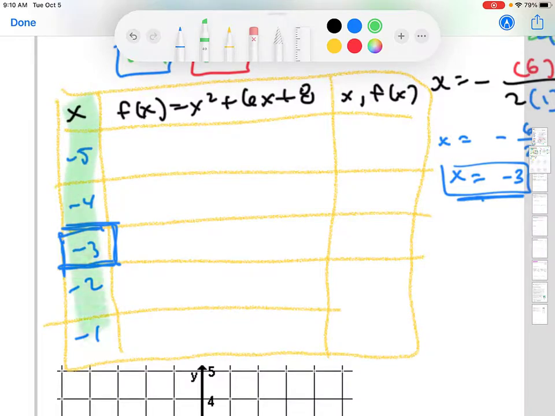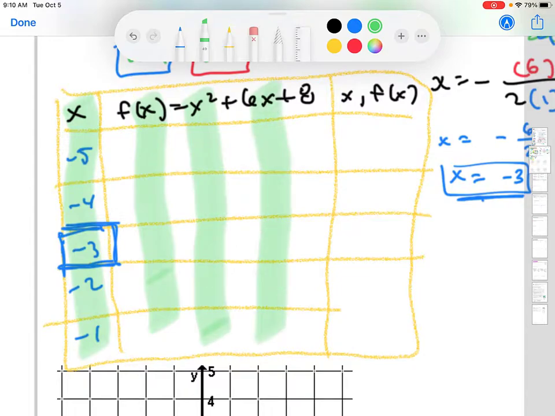Okay, all of these x values are going to go right here. Every time I see x in that column, you're going to write that. So let's do the first one. I have negative 5.